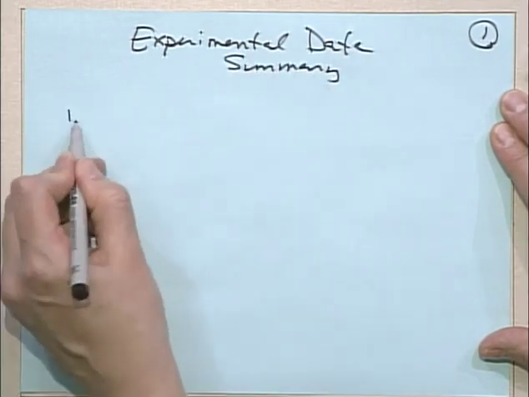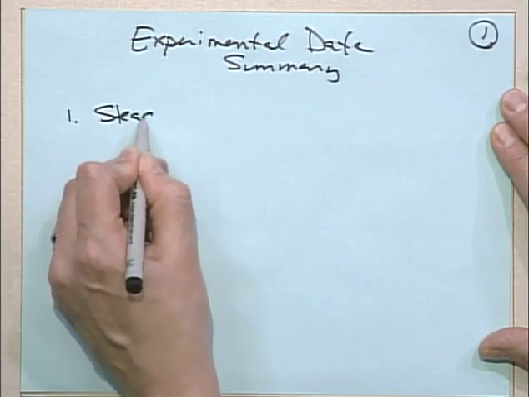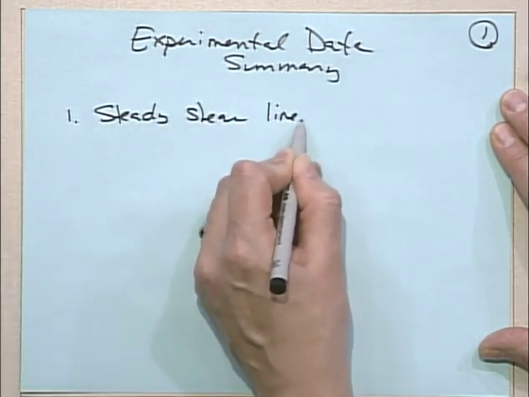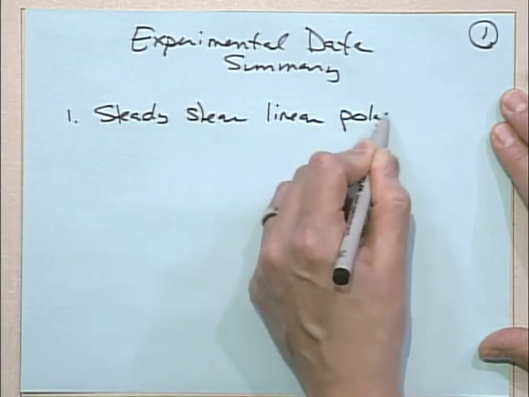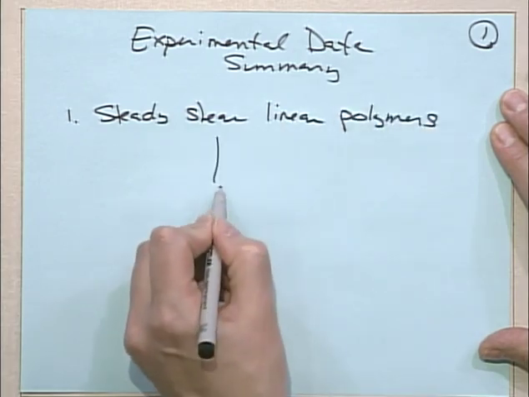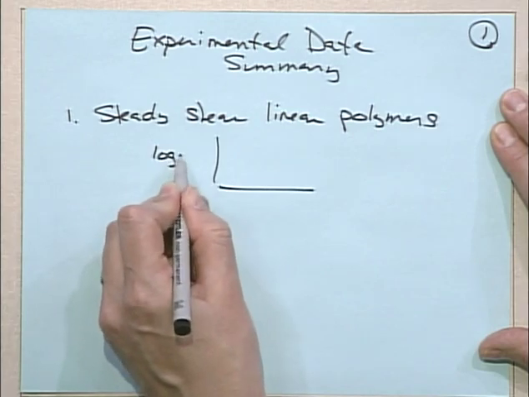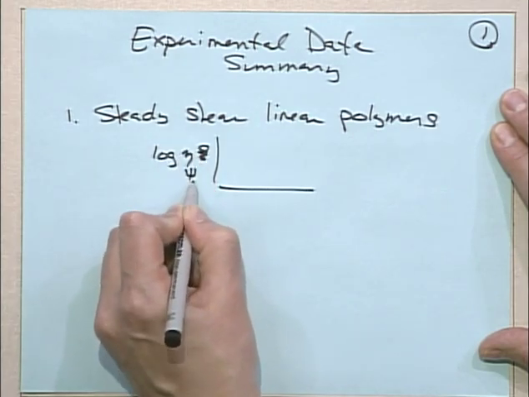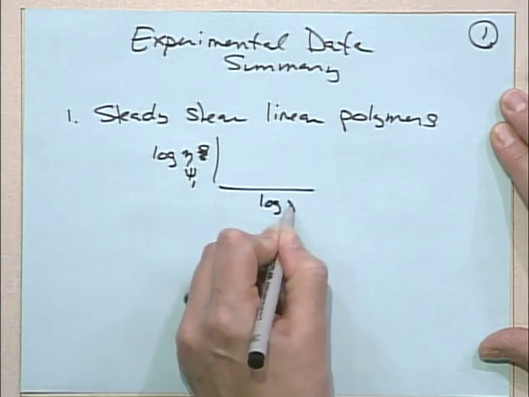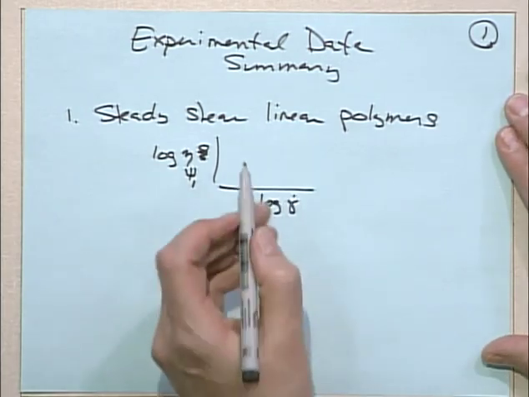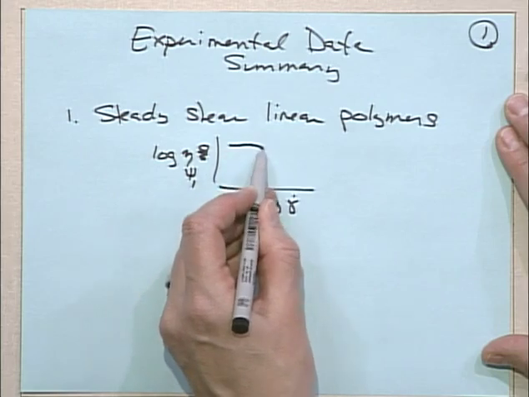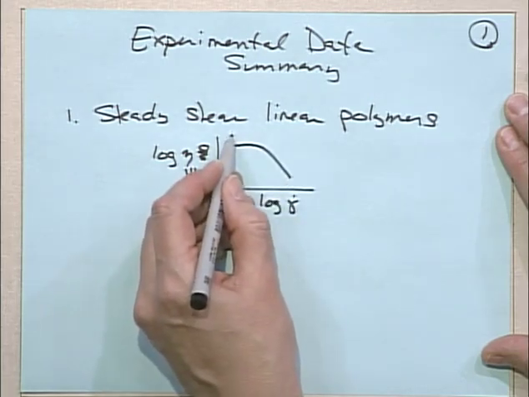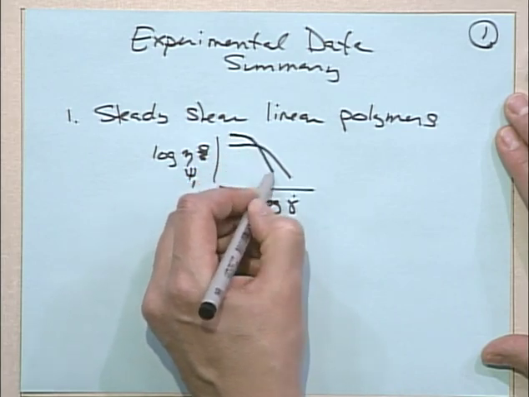I'd like you to please remember that in steady shear of linear polymers, if we plot on a log-log graph, these are log graphs, versus gamma dot, viscosity goes from having a plateau to thinning, usually, and psi 1 goes from a plateau to a steeper thinning.